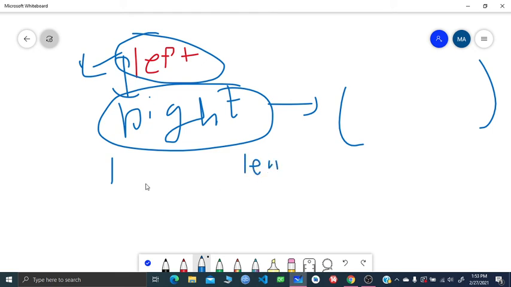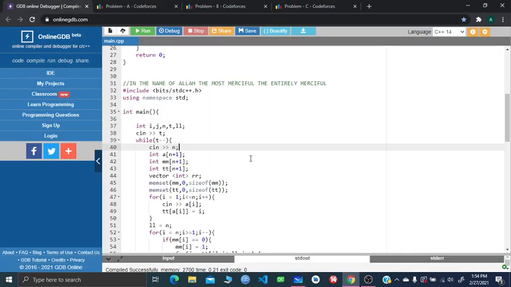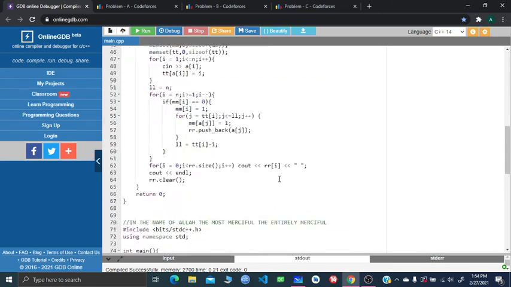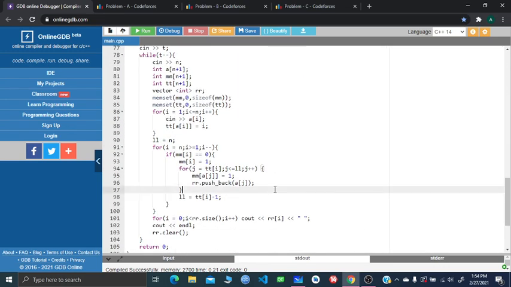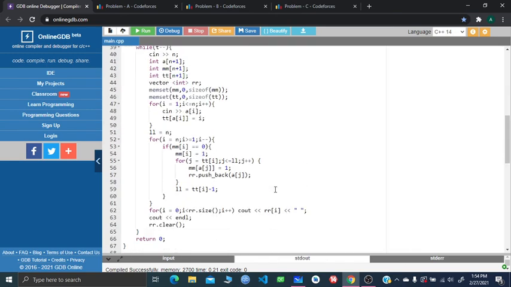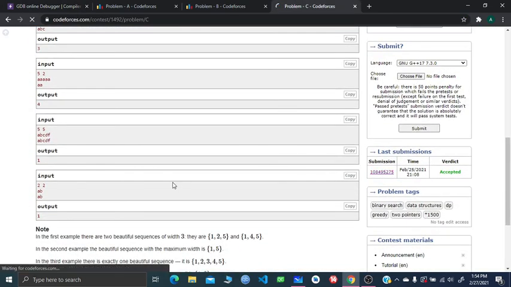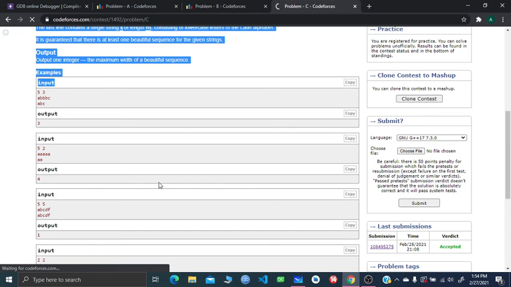I'll traverse not from i equal to 0, but from i equal to 1 till less than or equal to len minus 1. Let's take the code part. You will understand more when I explain that.